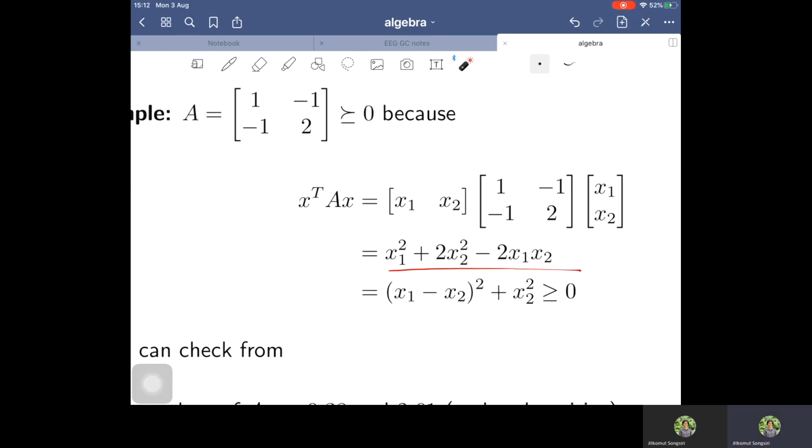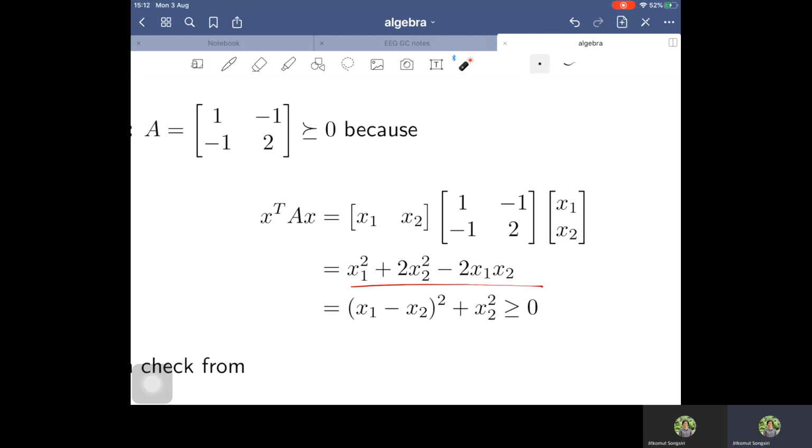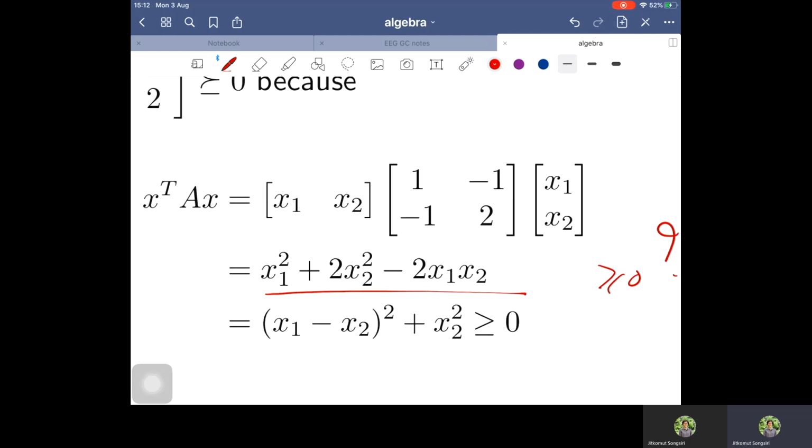If we want to verify whether A is positive semi-definite or not, we need to check whether this expression is always non-negative for all x by using completing the square. So I just complete the square, (x1 minus x2) squared, and I add the remaining term just to make it equal to the previous line. Everyone knows how to complete a square, I hope.